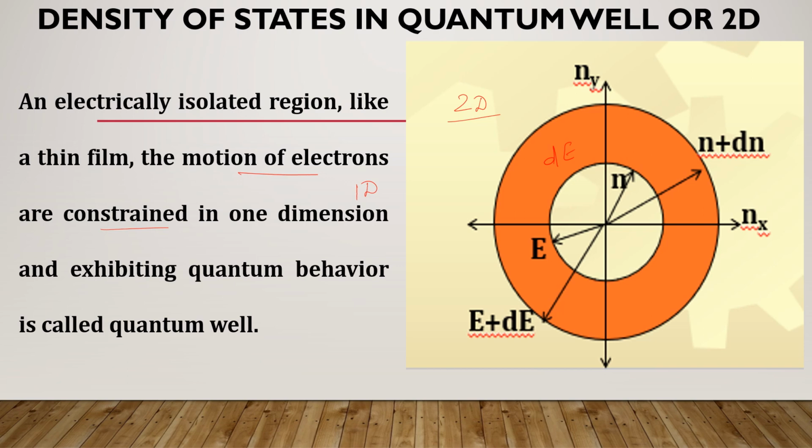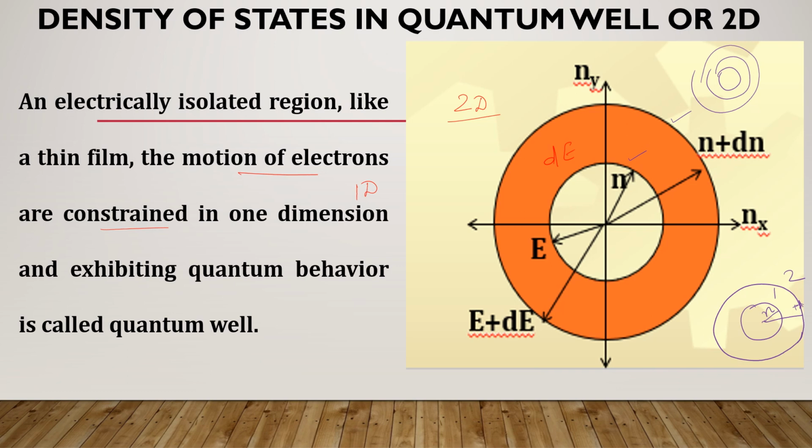In the diagram, we can see the two-dimensional structure, the circular disc or plate-like structure. Here, a number of concentric circles can be drawn. Two such are shown here. One is considered as circle 1 and another one is considered as circle 2. From the origin, the first circle has the radius n and the second circle has radius n plus dn.